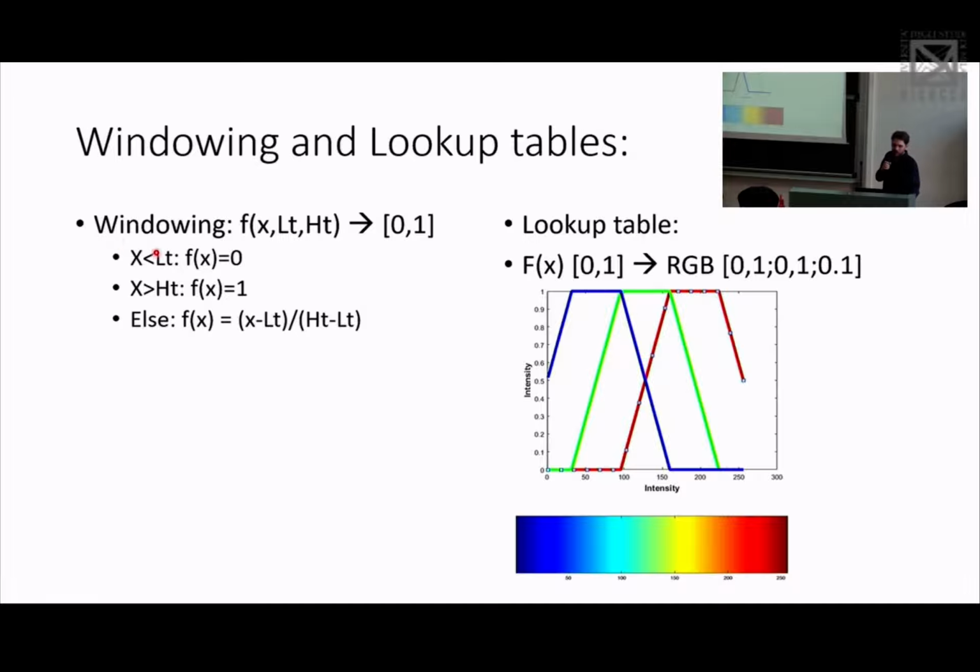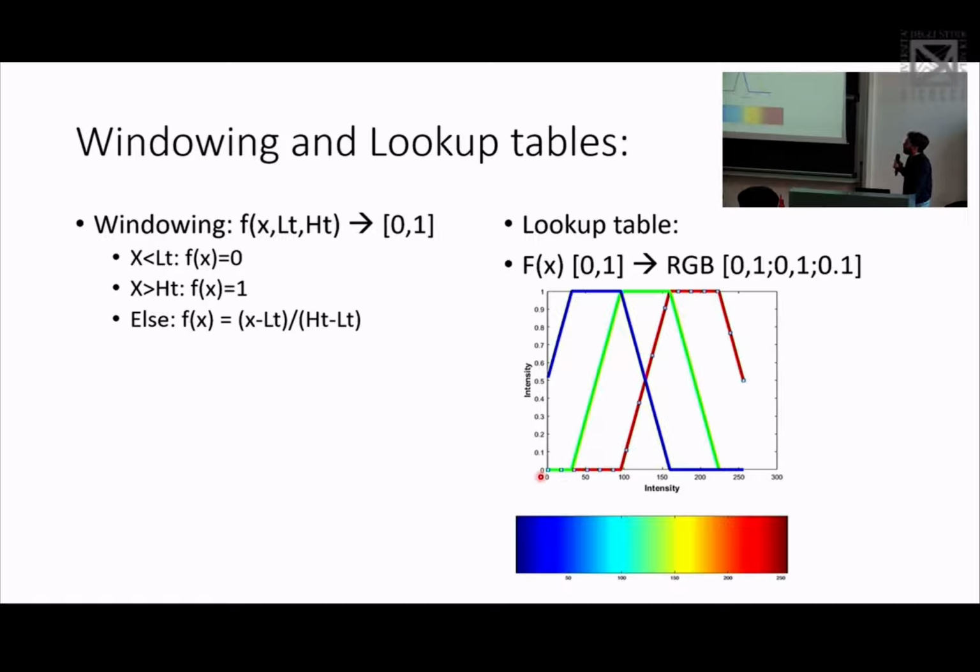How is it done? Clipping everything that's lower than the lower threshold, clipping everything higher than the upper threshold, and linearly scaling everything in between. Pretty trivial. The lookup table, I'm sure you used it a lot of times without ever noticing.